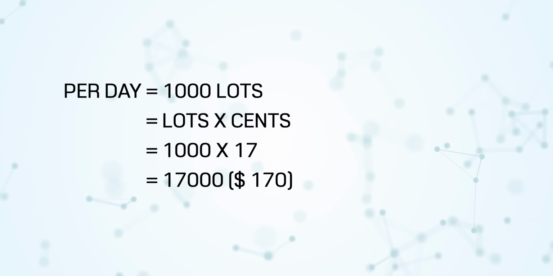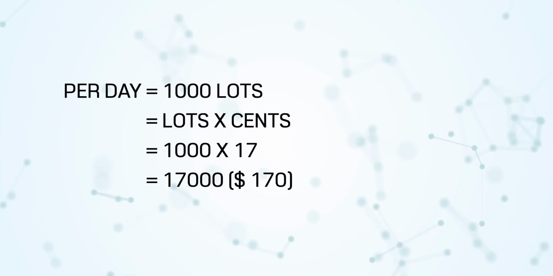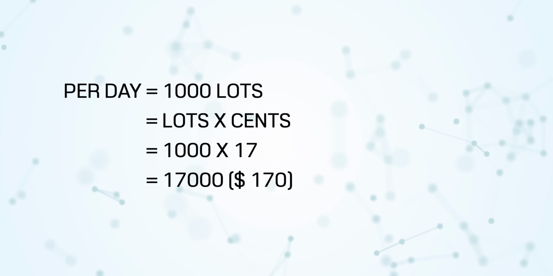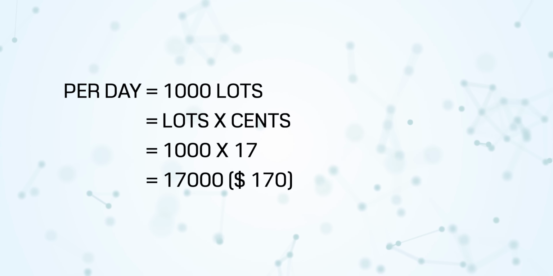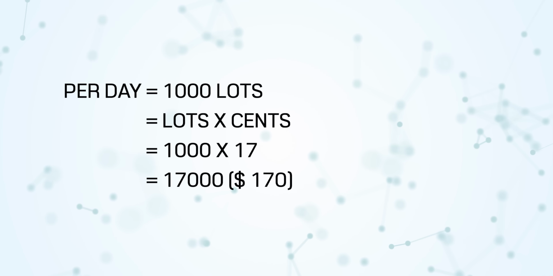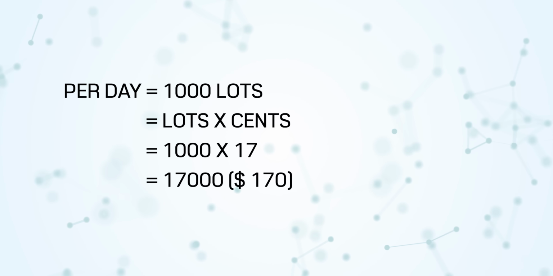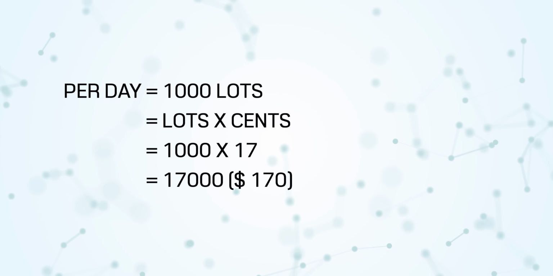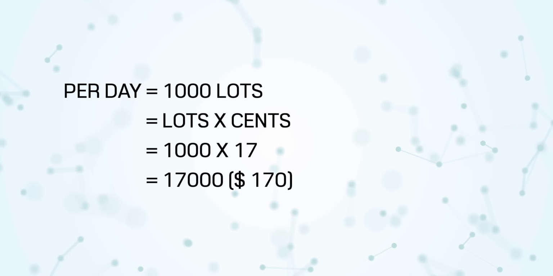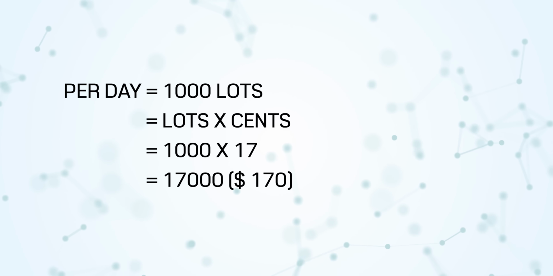I am assuming that you are doing 1000 lots per day. 1000 lots into 17 cents is about $170 per day. $170 per day will translate into roughly $40,000-$50,000 per annum. So there's a potential to save about $40,000-$50,000 per annum if you are trading more than 1000 lots per day.